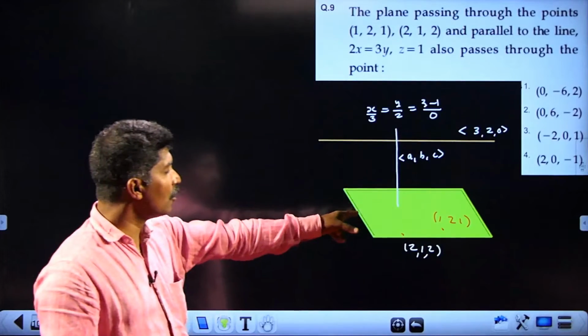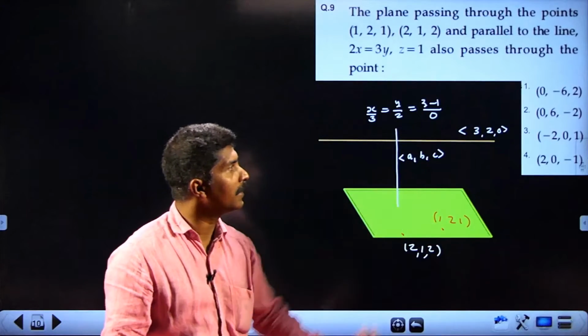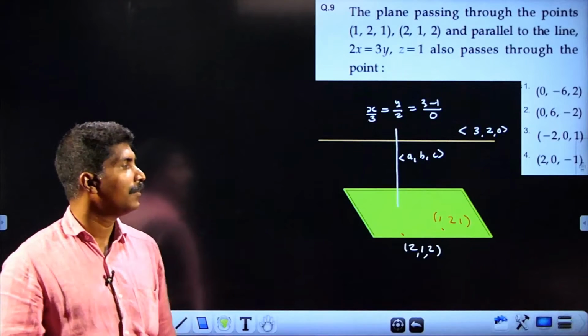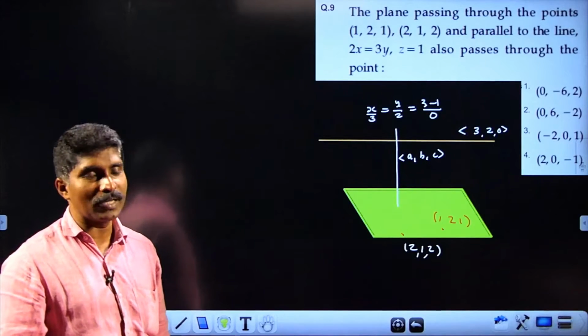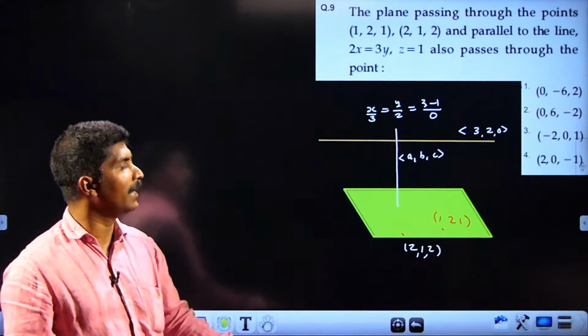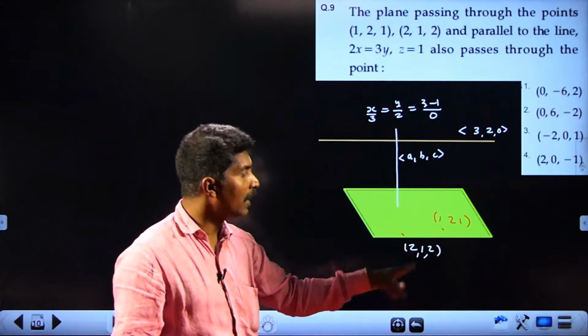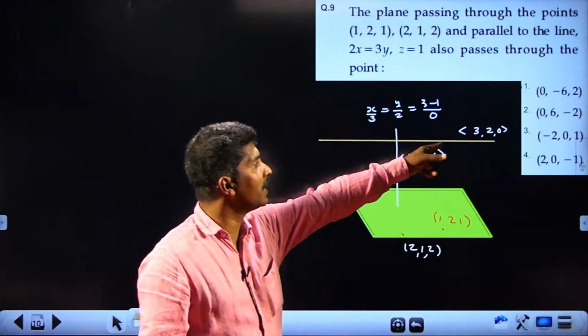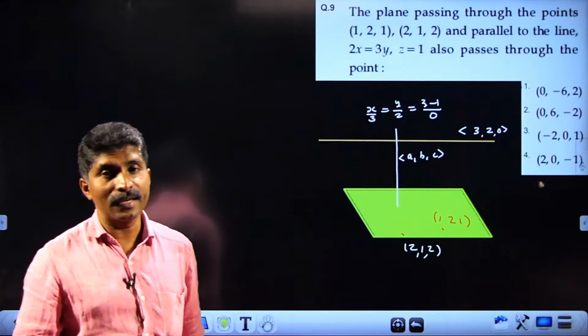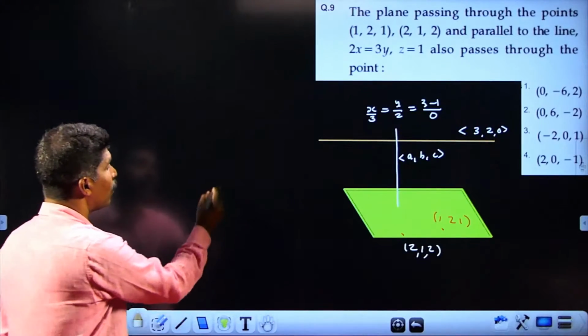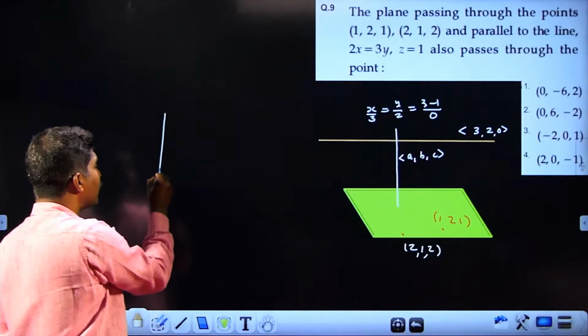So, the equation of the plane passing through a point is a into x minus x1 plus b into y minus y1 plus c into z minus z1. You can find the direction ratios by subtracting the two points, and we can apply the condition for perpendicularity. Applying the three conditions, you will get three homogeneous equations. Solving those, we get the equation of the plane.